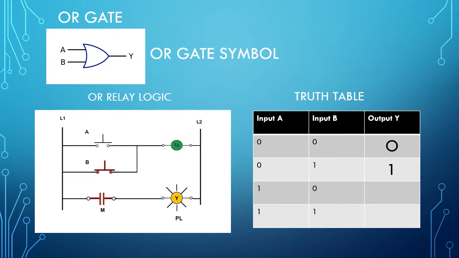So if I have B, I also have Y. If I should press A, well, again, line 1 will become true, energizing M coil, closing M contacts, and turning on my yellow pilot light. If I should press A or B or both, then I can get current to my coil, closing my contacts, and turning on my yellow pilot light.